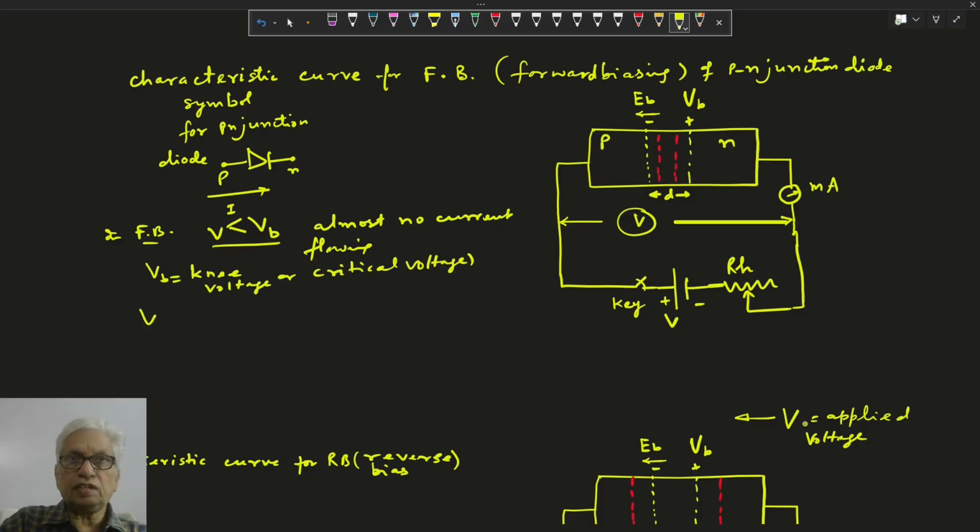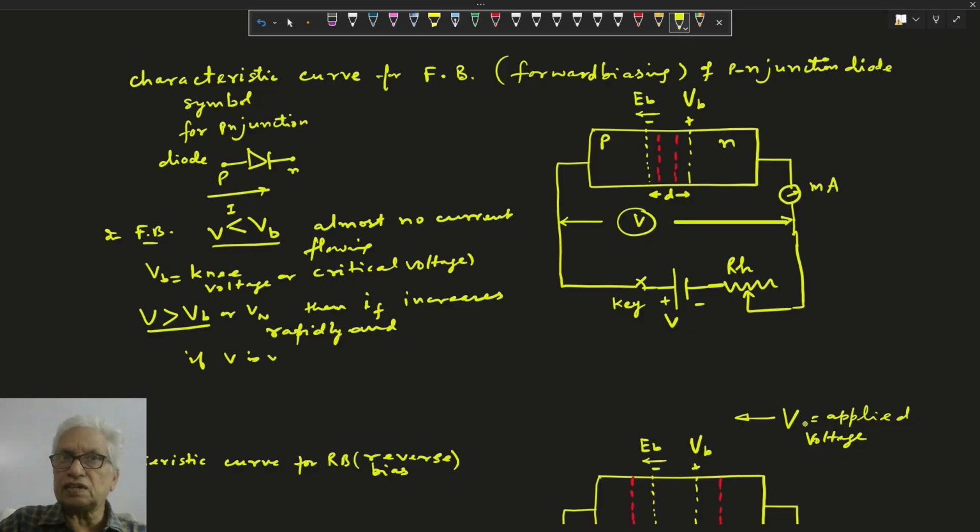If the applied voltage is more than the barrier voltage, then the forward biasing current increases rapidly. And if the applied voltage is very large, then after saturation, the current does not increase much.